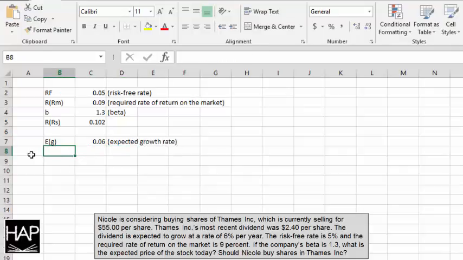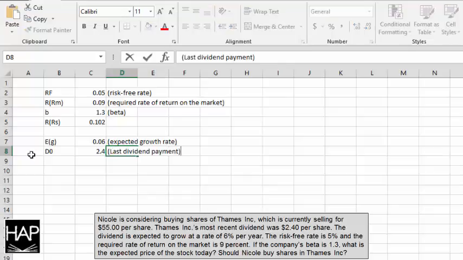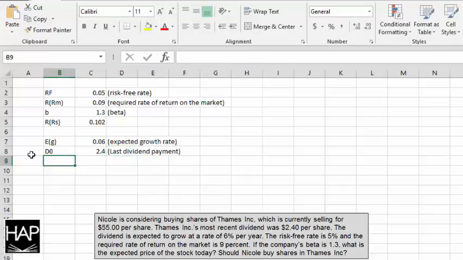I also need to consider the last dividend payment, which was $2.40 per share. The reason that I need the last dividend payment is that I need to calculate the next dividend payment, D1, and put that into the equation of the constant growth model in order to solve for the expected price now.